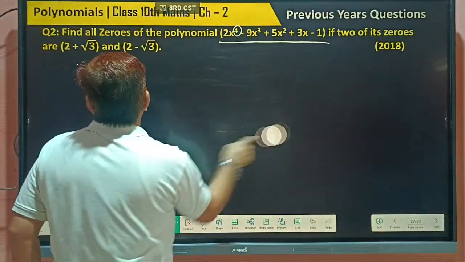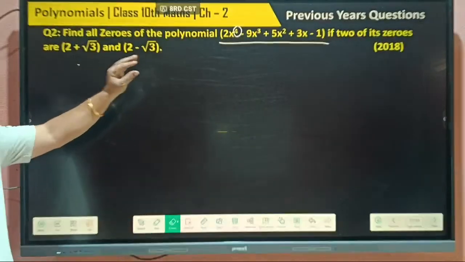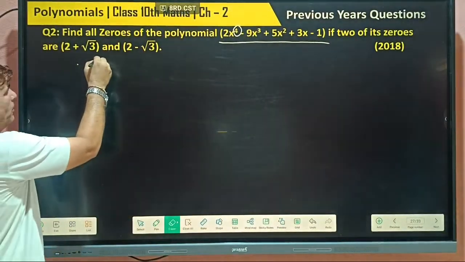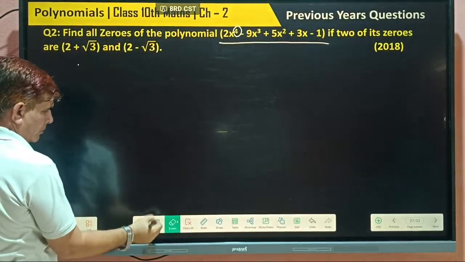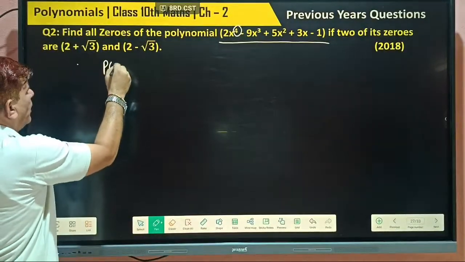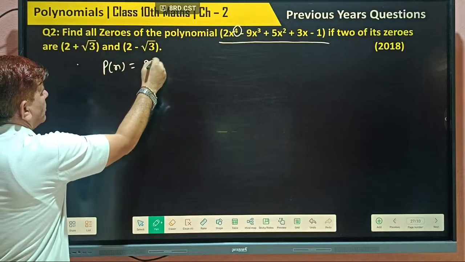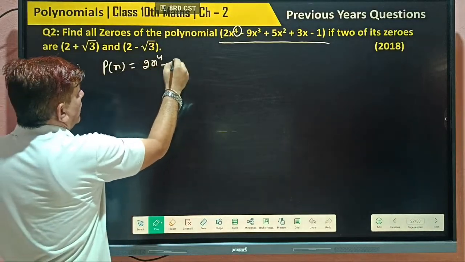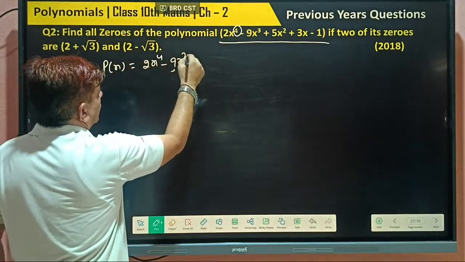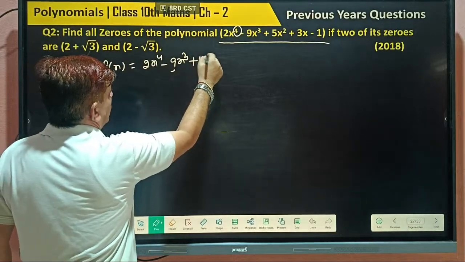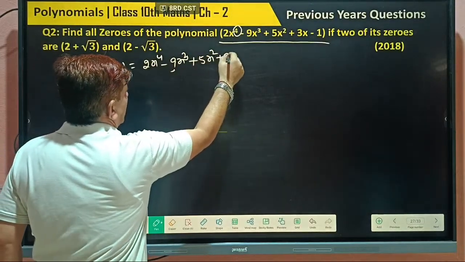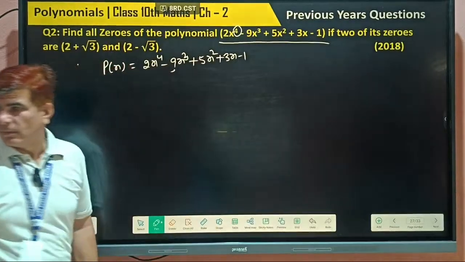So what's given? Find all the zeros of this polynomial. Which polynomial? P(x). Polynomial P(x): 2x power 4 minus 9x cube plus 5x square plus 3x minus 1.